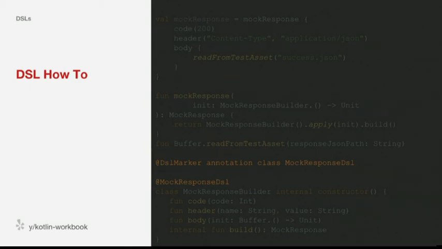So this little annotation here basically tells the compiler that these three functions can only be called when the default receiver of the place where they're invoked is this, like this is equal to MockResponseBuilder. And this is the case only within this lambda here, because I'm expecting a lambda with a function with receiver here, implementing it as a lambda.